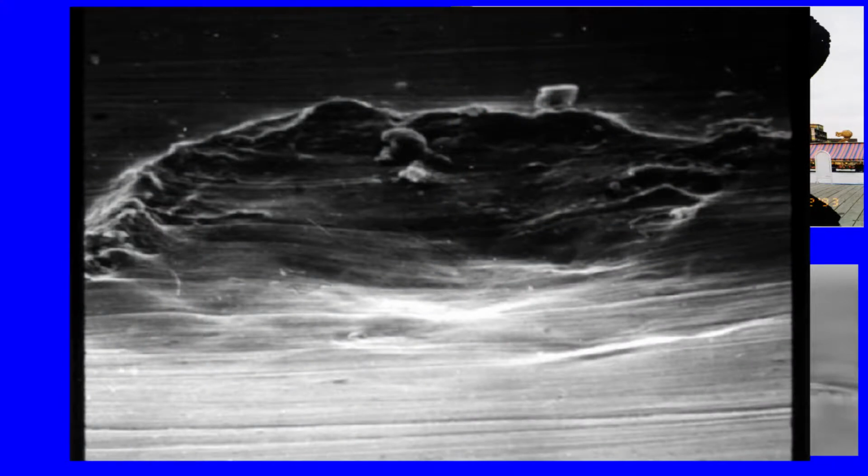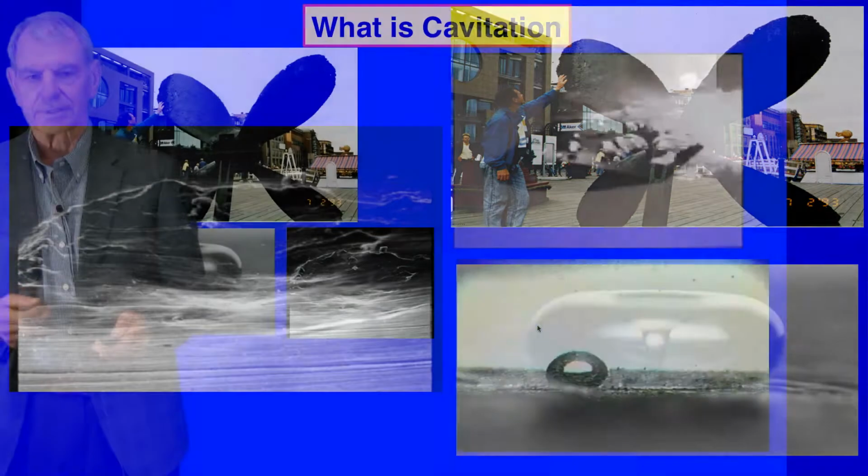These were bubbles that collapsed and formed jets in the side of the propeller. Those jets were formed from bubbles that grew and collapsed. And also they emitted shock waves.